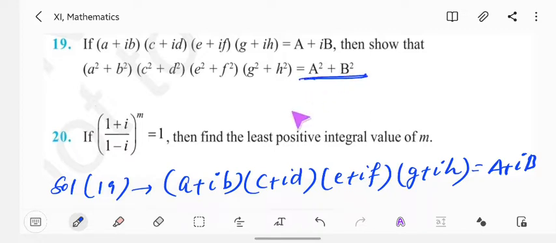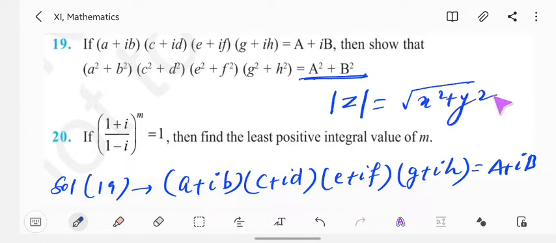Remember, we have seen in the introduction part as well as the conceptual part of complex numbers that mod of z is nothing but x square plus y square. So this x square and y square is nothing but the real part and imaginary part, isn't it? So here a and b are taken as the real as well as imaginary.